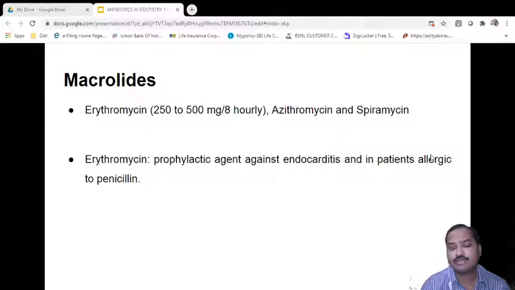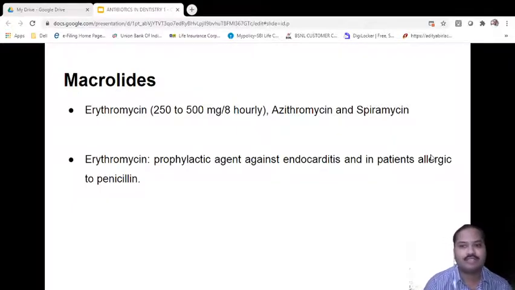So it has to be administered as enteric coated tablets. And azithromycin is a more effective drug which is used as an alternative antibiotic against the odontogenic infections and the periodontal abscesses. So in erythromycin, we used to give 250 to 500 mg of the drug 8 hourly.